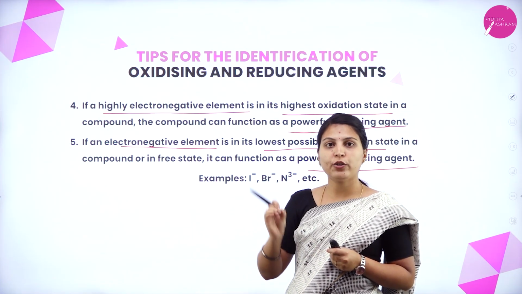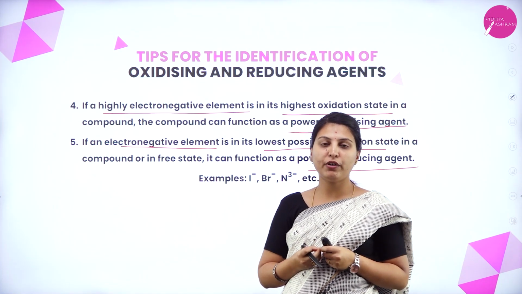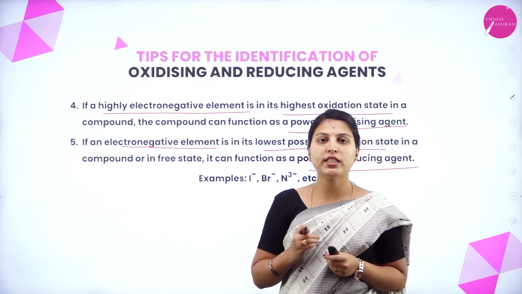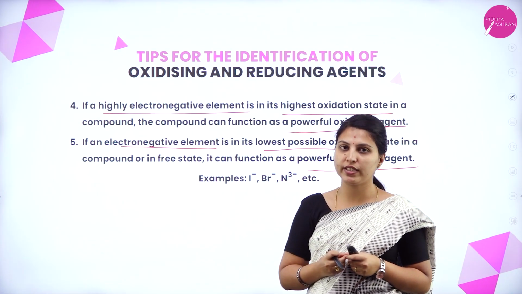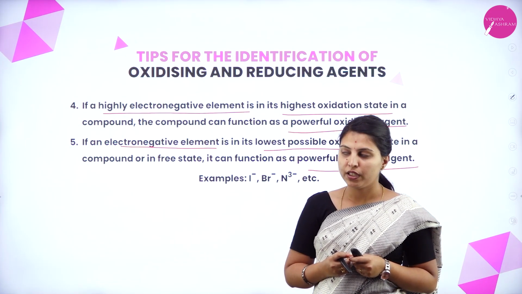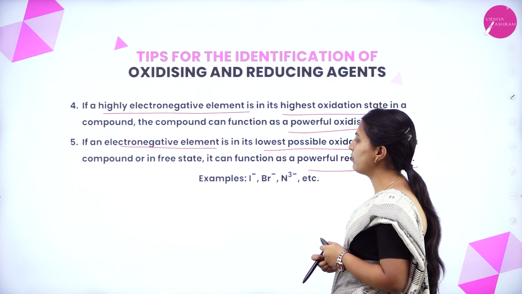If an electronegative element with a high oxidation state is present, that is a powerful oxidizing agent. If an electronegative element with the lowest oxidation state is present, it is considered a powerful reducing agent, and that can be present in the free state also. So these are the 5 tips to identify the oxidizing and reducing agent.